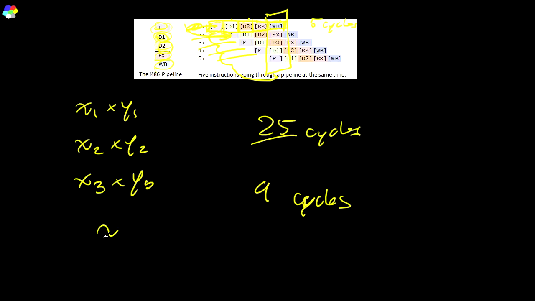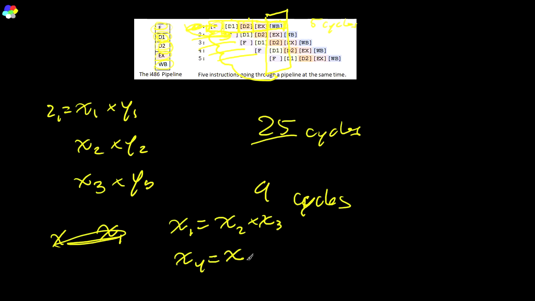But if you're doing an operation like x1 is equal to x2 times x3, and then x4 is equal to x1 times x5, and then x6 is equal to x4 times x7.